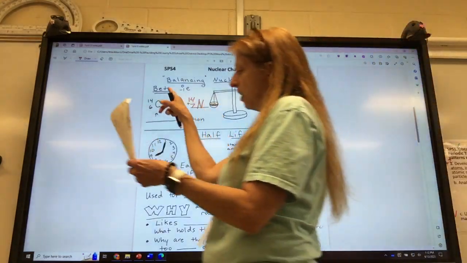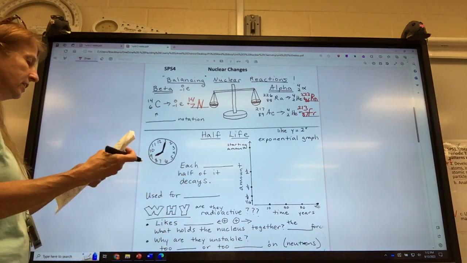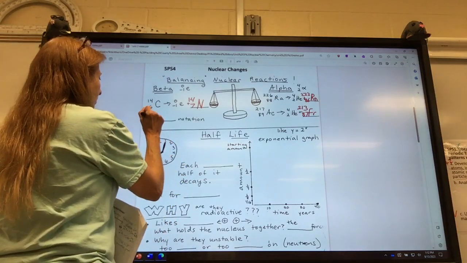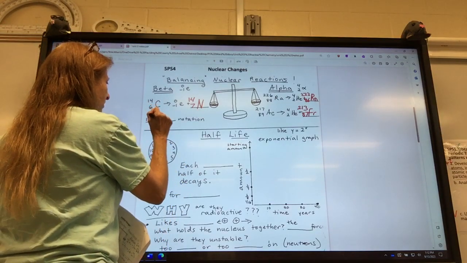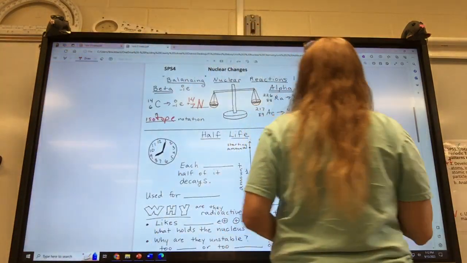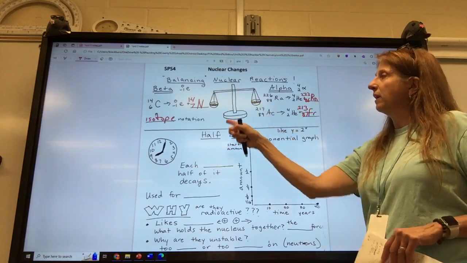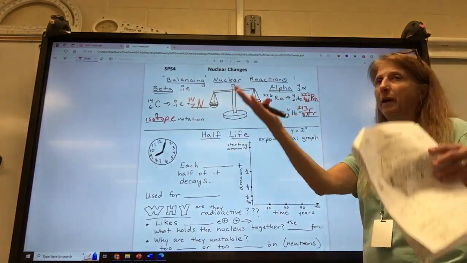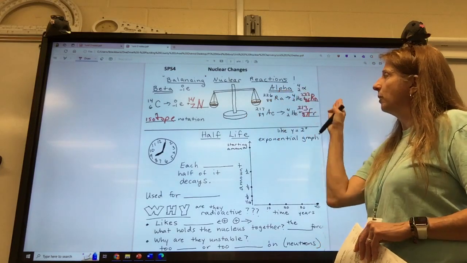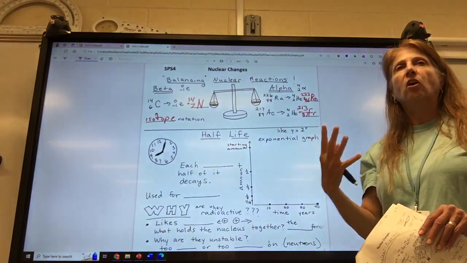So that is called isotopic notation, isotope notation. So you use isotope notation. All right, can I scroll up? Does everybody have that? Nope. This little balance is showing that nature likes balance. It has to be balanced on both sides of the equal, and that balance is reflected in the law of conservation.